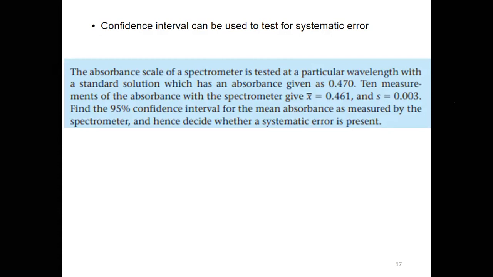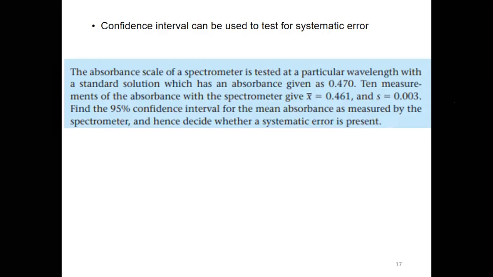Okay, this question is a little different from the previous one. This is a real question, and this is a real application. Here the standard solution has been given, and the standard solution absorbance is 0.47, and when the 10 measurements were made, the X bar is 0.461 and the standard deviation has been given.